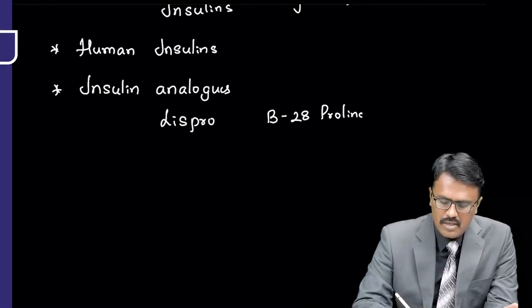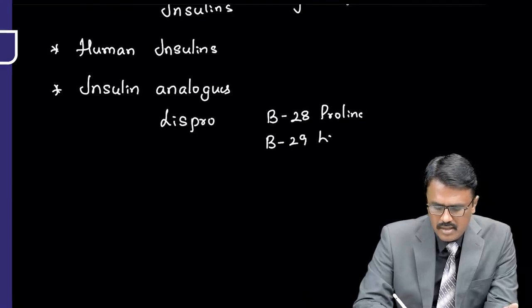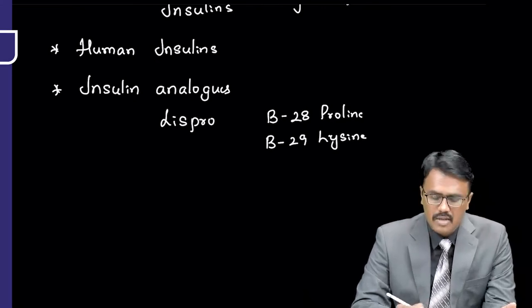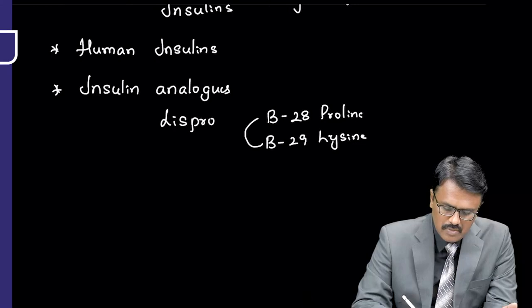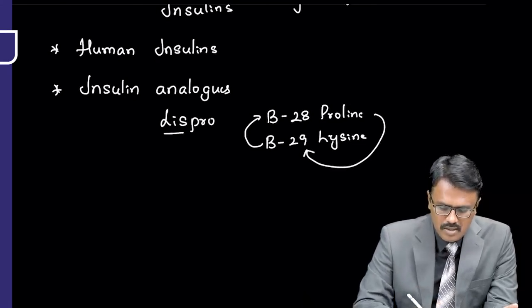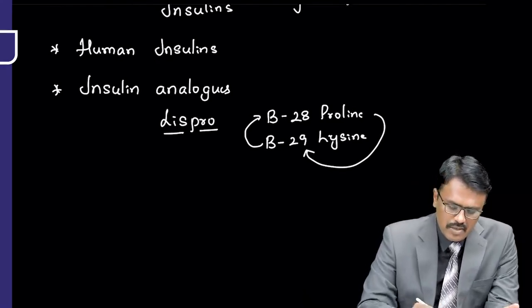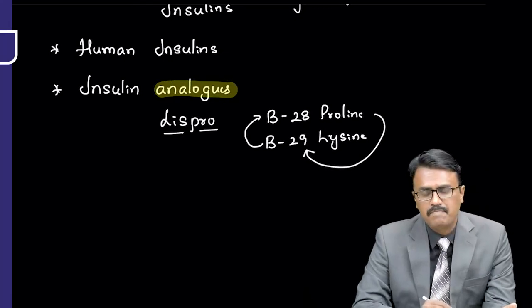Normally in humans, B28 contains proline and B29 contains lysine. So how did they make the insulin? They exchanged this. Lysine is put here and proline is put into 29. So that's why it is called Lispro. Lysine and proline are exchanged and you get an insulin analog.